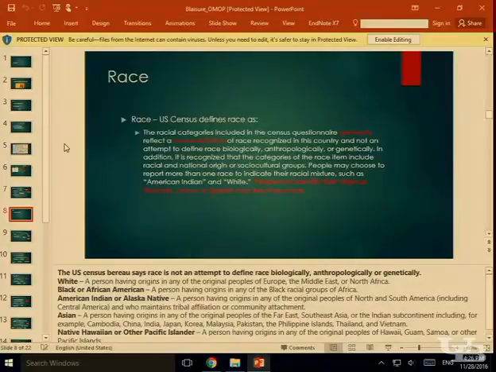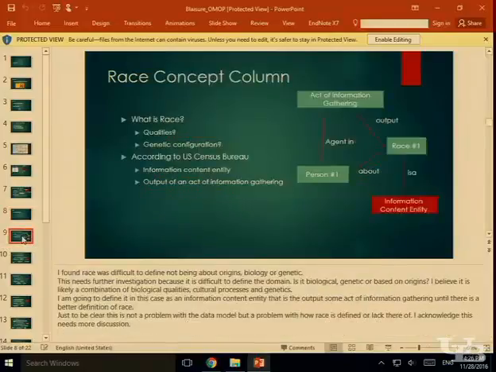And they go on to say, people who identify their origin as Hispanic, Latino, or Spanish may not be of any race. As you can see, a ridiculous definition. So without further talking about race, I can see it being origin of ancestry.